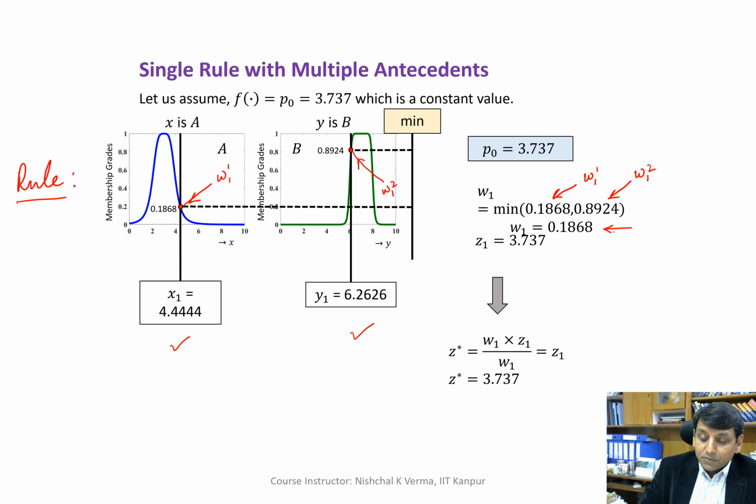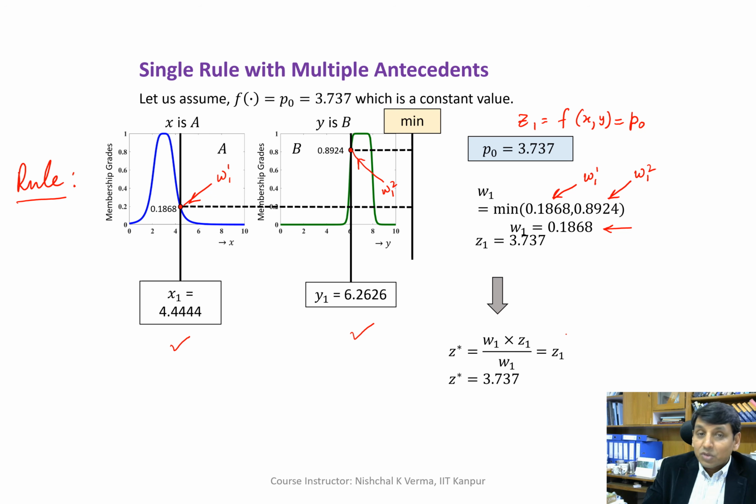And since we have W1, we have Z1 here, and Z1 is nothing but f(x1, y1), which is nothing but P0. So we can very easily say that Z1 is P0, and since Z1 is P0, Z1 is equal to 3.737. So we now know W1 and Z1.